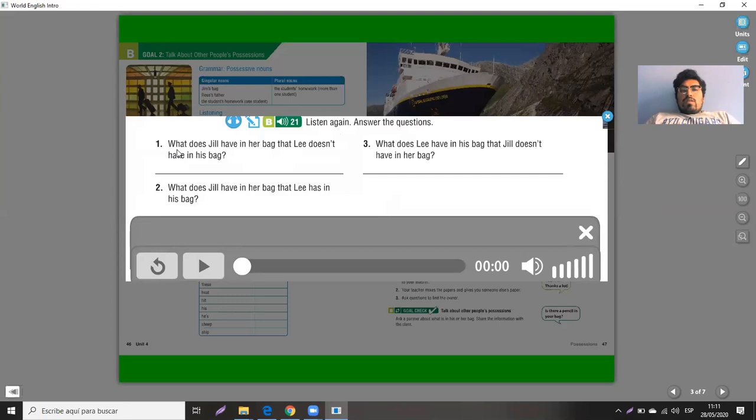Number 1, what does Jill have in her bag that Lee doesn't have in his bag? Number 2, what does Jill have in her bag that Lee has in his bag? And number 3, what does Lee have in his bag that Jill doesn't have in her bag?